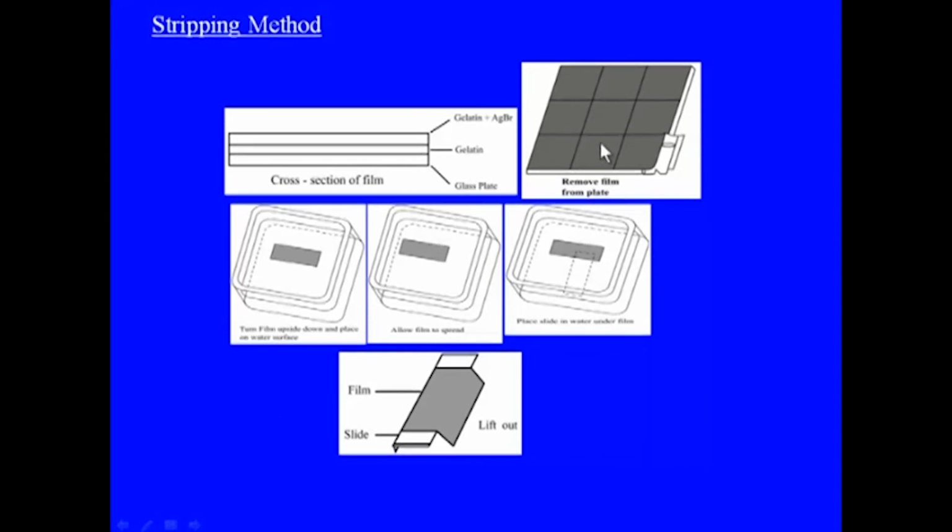What is done is this is put into the water and allowed to swell. Then as it spreads out, a slide with the sample can be taken and put under the film, and then it can be lifted, like here it is seen lifted. The film wraps around the slide, and the slide contains the sample under this stripping film.